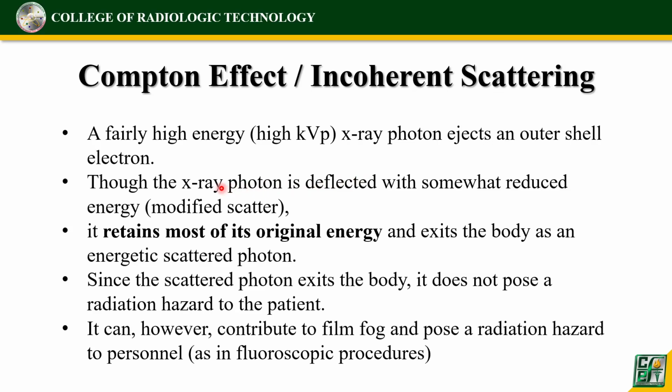So what happens to the photon? The photon retains most of its original energy. Since the scattered photon exits the body, that's it. Here in Compton scattering, there is a transfer of energy but only a little amount is transferred.